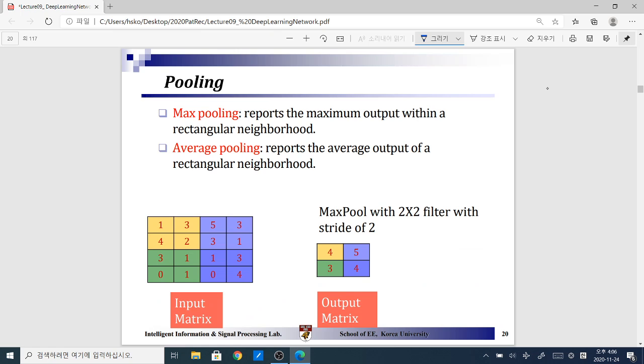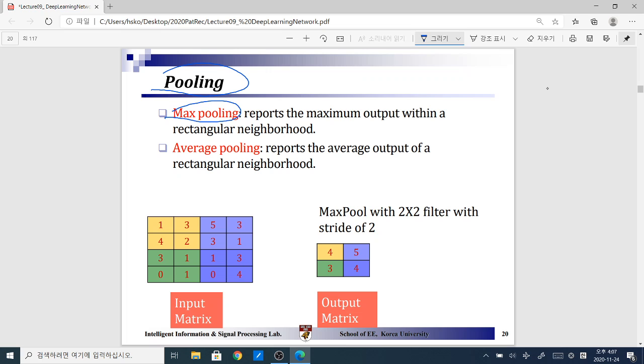And then after going through the convolution, it goes through the pooling process. So what's pooling? The pooling process is essentially a subsampling process so that you could decrease the size of the feature. And there are a couple of pooling processes.